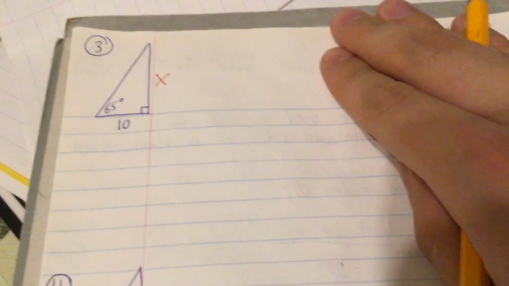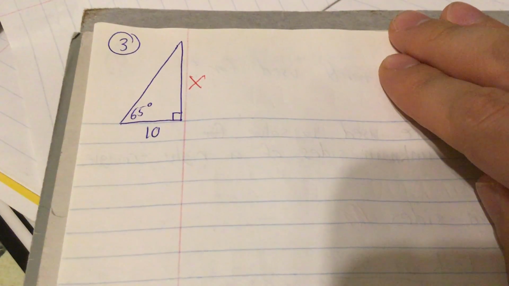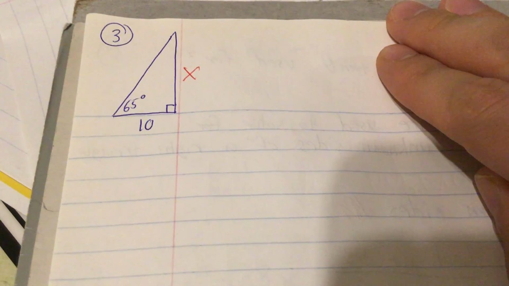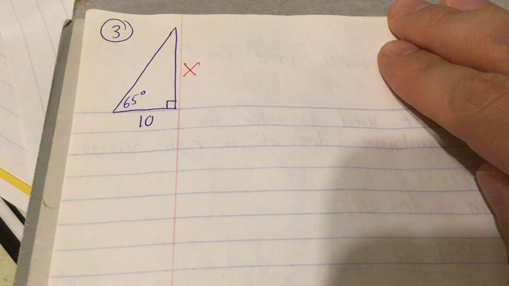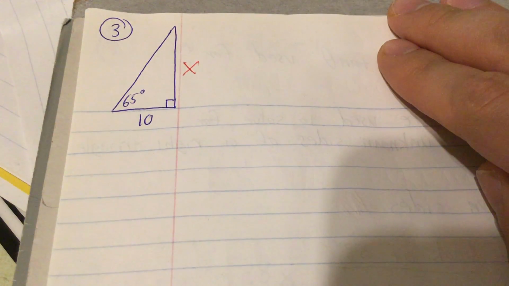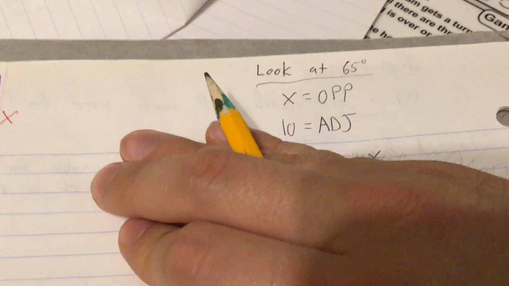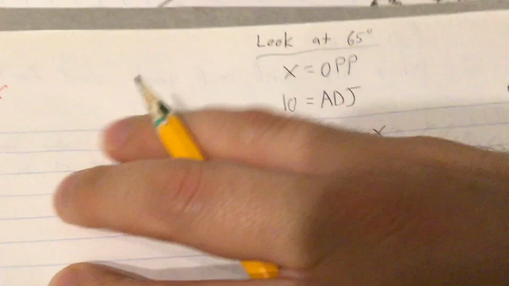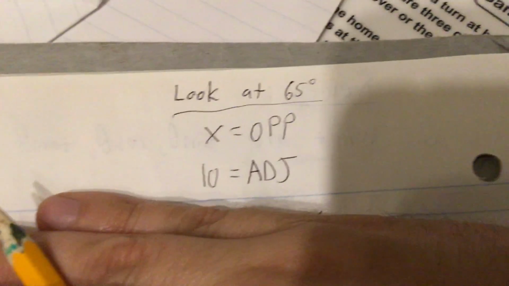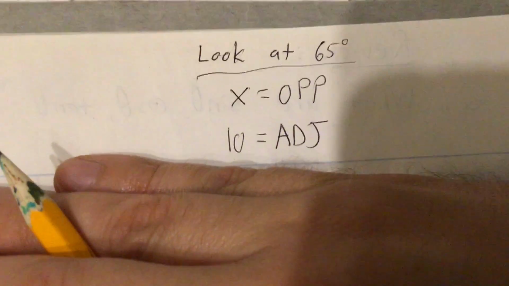All right, so let's take a look at number 3. I've got 65 degrees, I've got x, and I've got 10. How do I solve for x? Well, let's take a look at 65 degrees. X is the opposite side. 10 is the adjacent side.